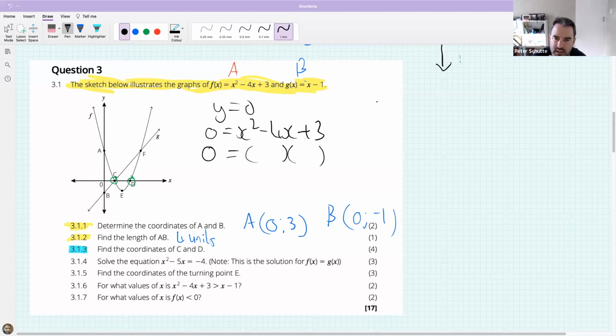So we'd either do it like that, or we can use the quadratic formula to help us.